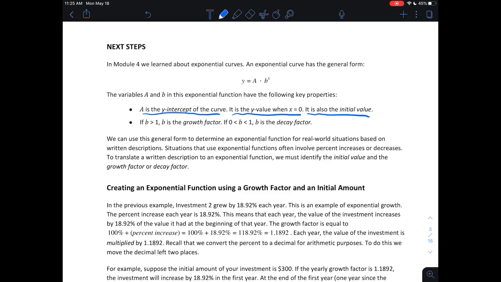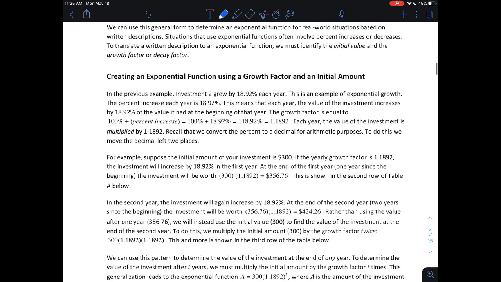We can use this general form to determine an exponential function for real-world situations based on written descriptions. Situations that use exponential functions often involve percent increases or decreases. To translate a written description to an exponential function, we must identify the initial value and the growth factor or decay factor. Creating an exponential function using a growth factor and an initial amount.